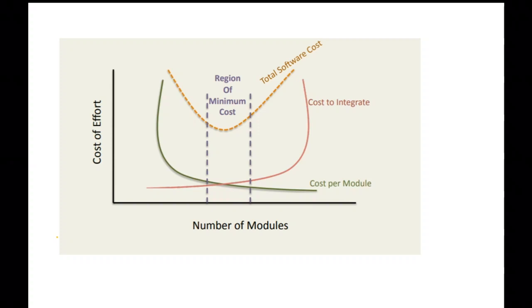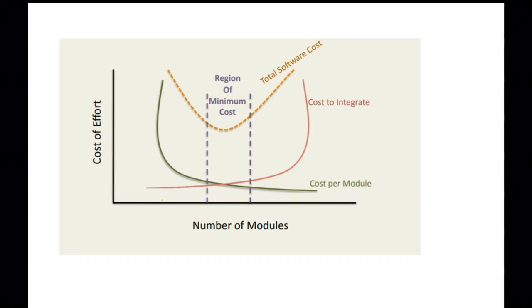So if you see on the horizontal axis, we have the number of modules which are increasing when we are going from 0 to infinity, and on the vertical axis we have the cost of effort.